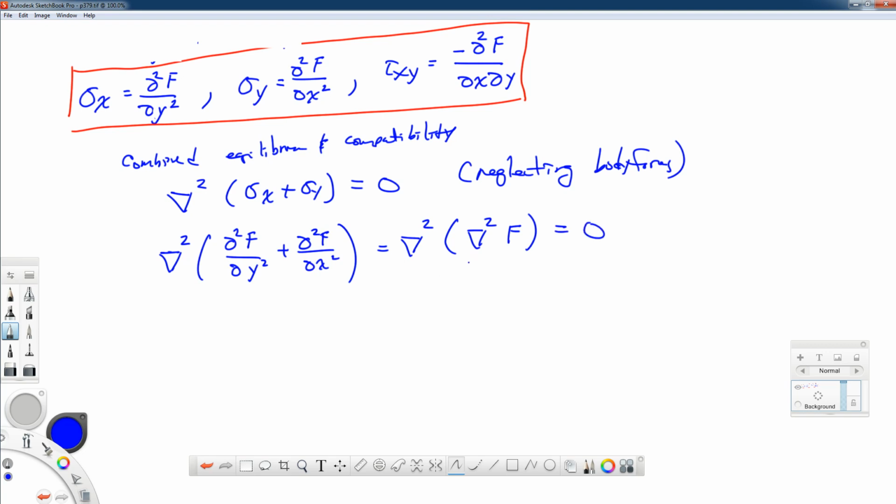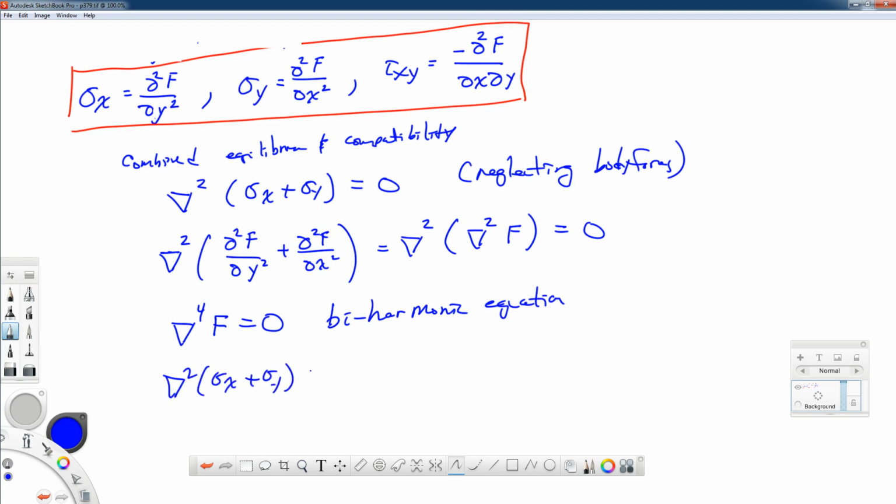And del squared operating on del squared, we use the notation del fourth f is equal to 0. And this is known as the bi-harmonic equation. Del squared of sigma x plus sigma y is the Laplace equation, also known as the harmonic equation.